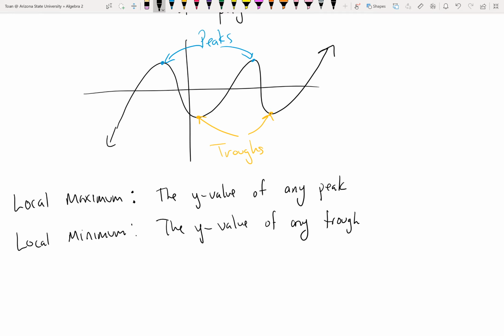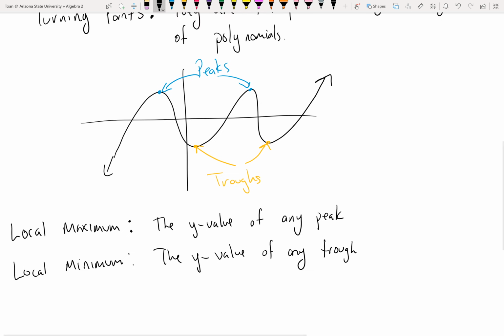The word local simply means around that area, because of course we know, in my quick squiggle here, these guys are not maximums, because these arrowheads mean that the graph will go forever up. So technically there is no maximum. But if I only look in this area here, clearly we can see that the blue point there is the highest point of the mountain. So that would be a local maximum.